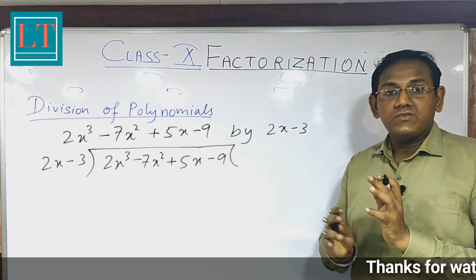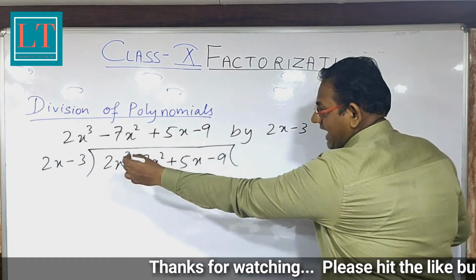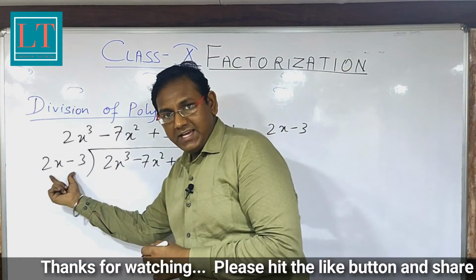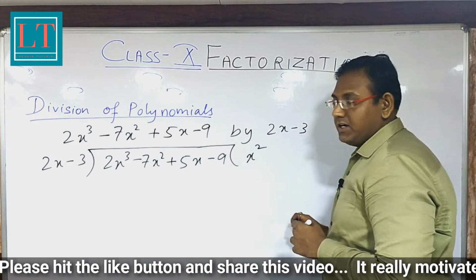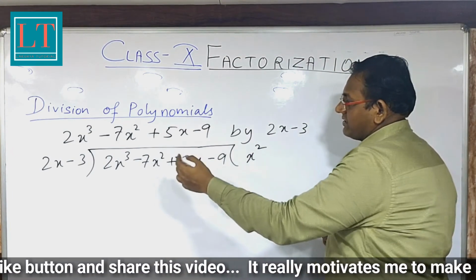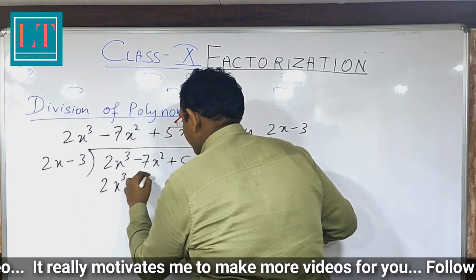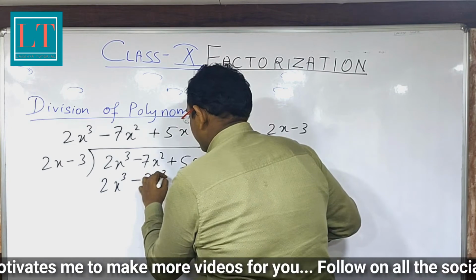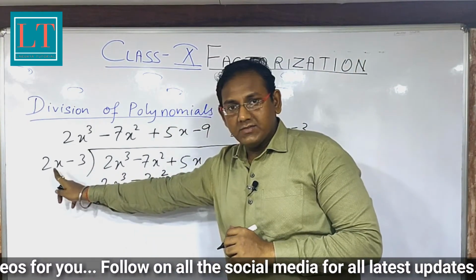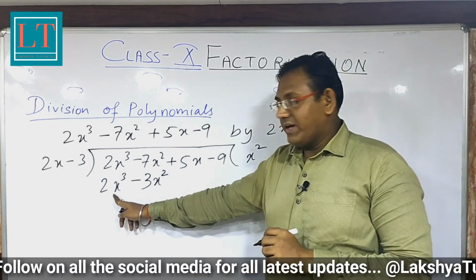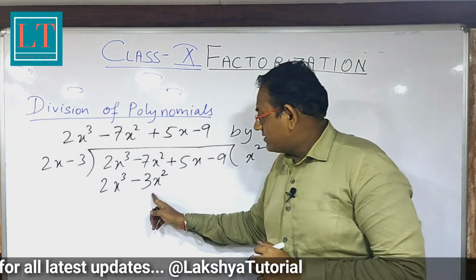So first thing that we need to understand over here is that if we multiply this expression with x squared, the first term is 2x, so 2x into x squared is 2x cubed. Similarly, minus 3 into x squared will give you minus 3x squared.